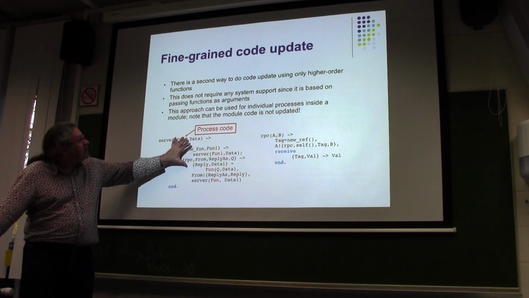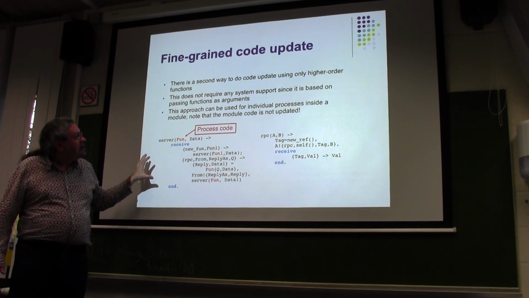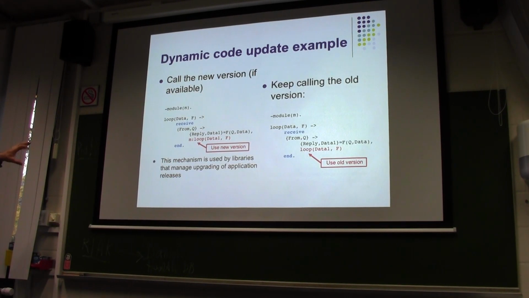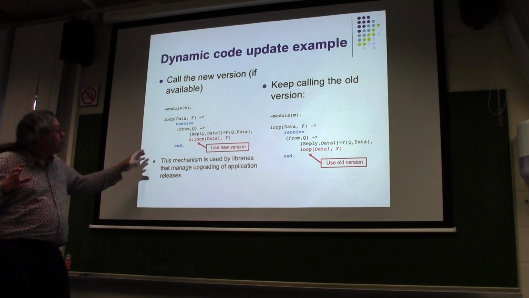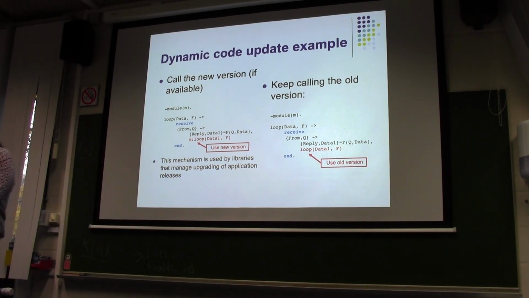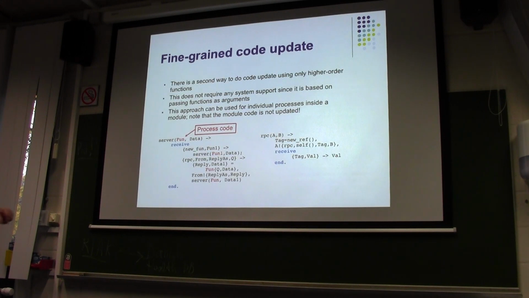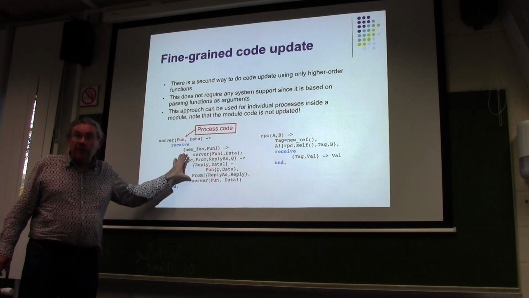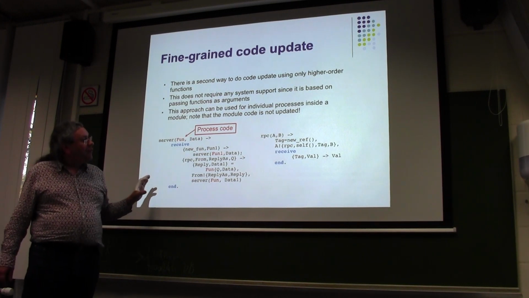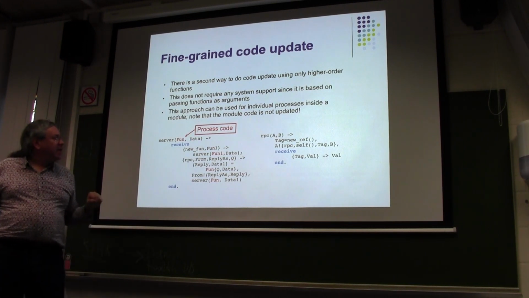So this is independent of the previous one. So the previous one is actually a heavy-duty one where the whole system is changed. But if I just want to update a piece, of course I can use higher order for that. But you don't want to use this for updating the whole system, because basically you can't.